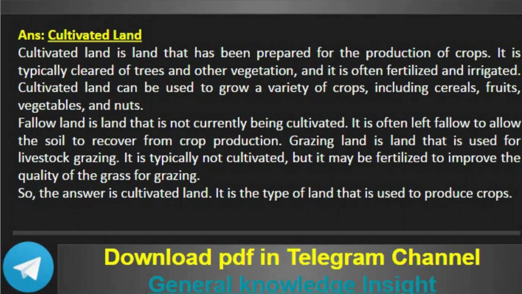On the other hand, fallow land is land that is not currently being cultivated. It is often left fallow to allow the soil to recover from crop production. Grazing land is land that is used for livestock grazing. It is typically not cultivated, but it may be fertilized to improve the quality of the grass for grazing. So the correct answer is cultivated land. It is the type of land that is used to produce crops.